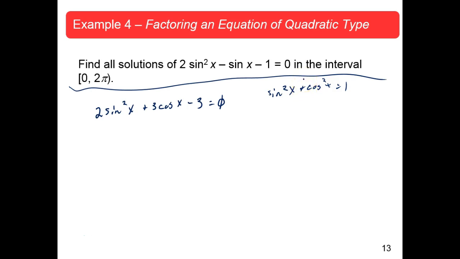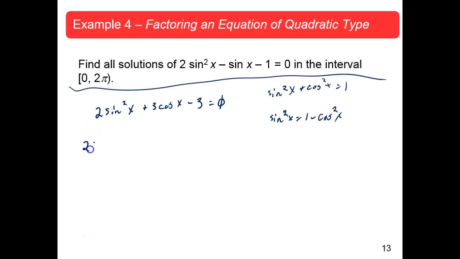Okay, so I think I would solve for sine squared and do sine squared x is equal to 1 minus cosine squared x, because you're wanting to get everything in terms of cosine. You can't change the cosine to sine, but you can change the sine squared to cosine squared, and this is how you do it.